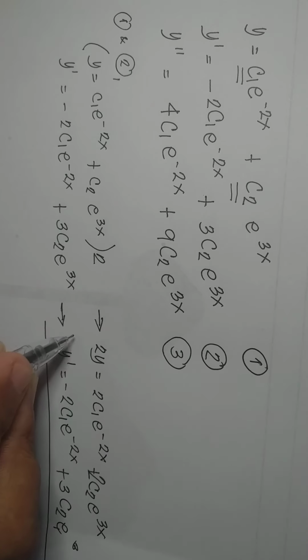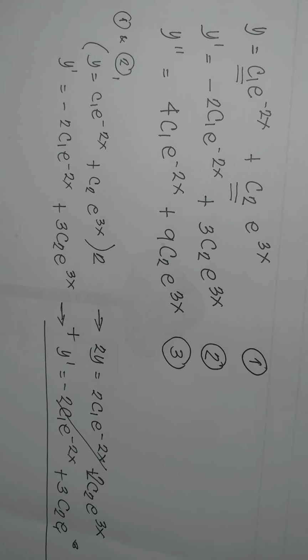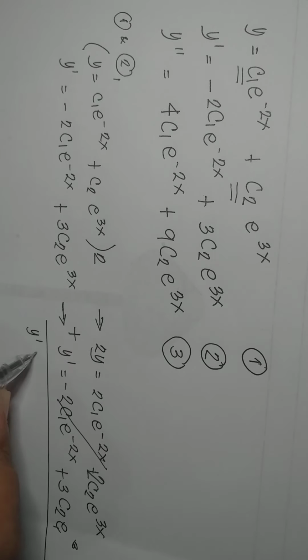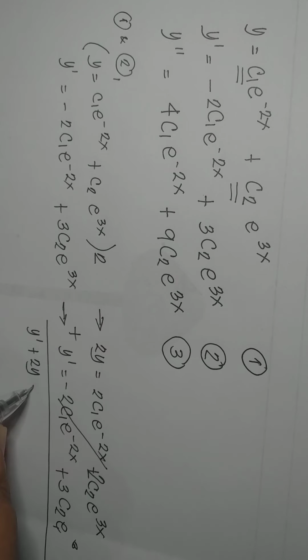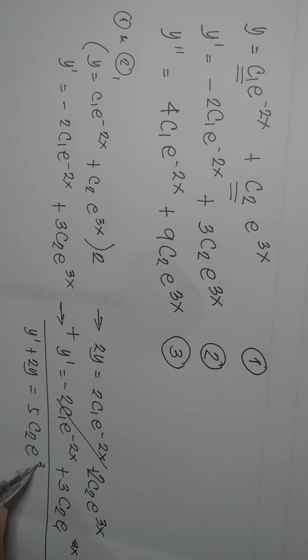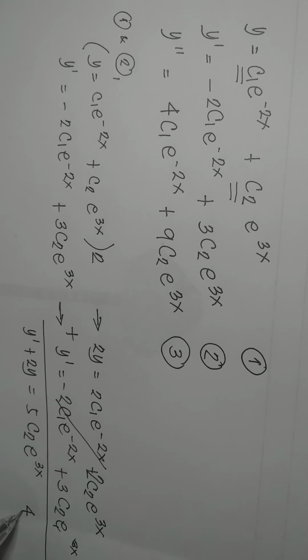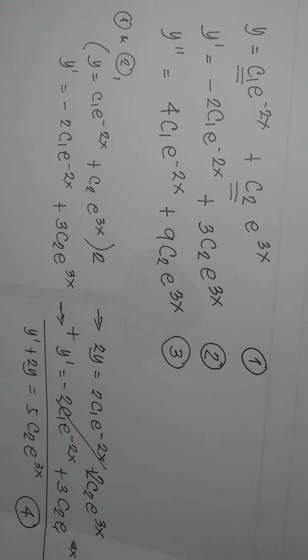Then add. This cancels out. So we have y prime plus 2y equal to 5 c sub 2 e to the 3x. Call this equation 4.